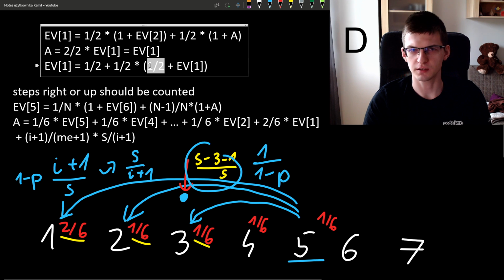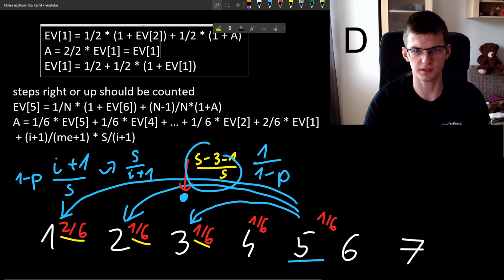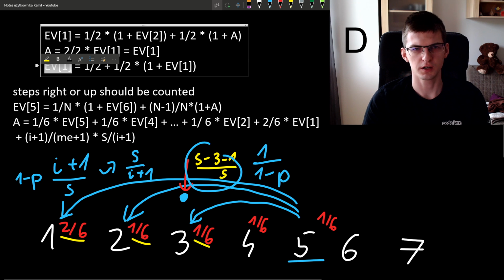Why did I put 1 here? It's 1. Why did I put half? This is 1. Okay, and now 1 is equal to half plus half of 2. No, not right. 0.75.